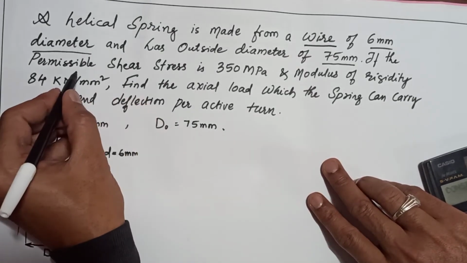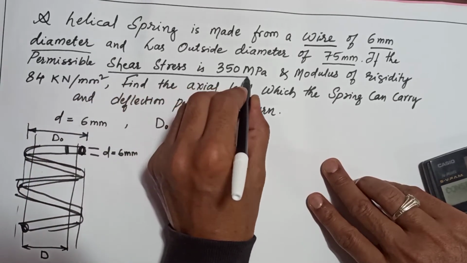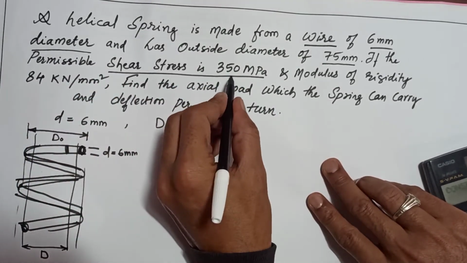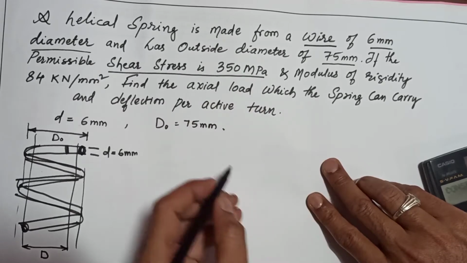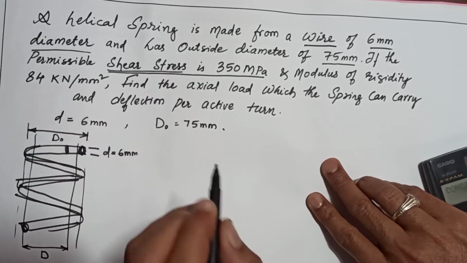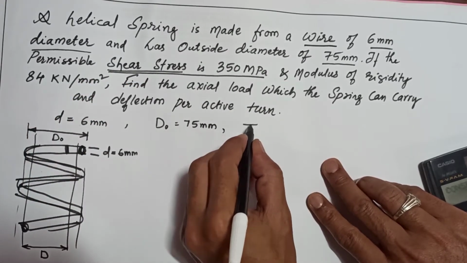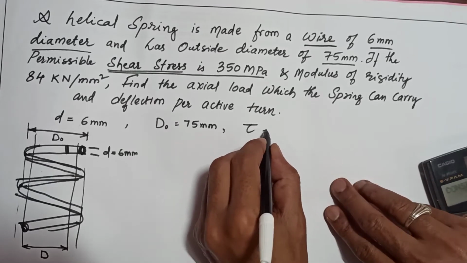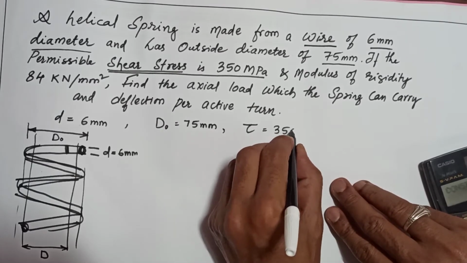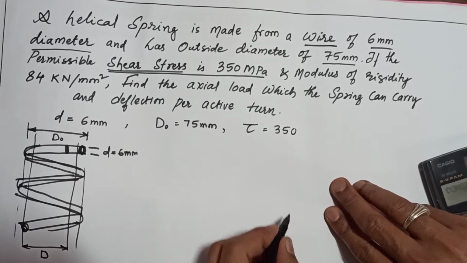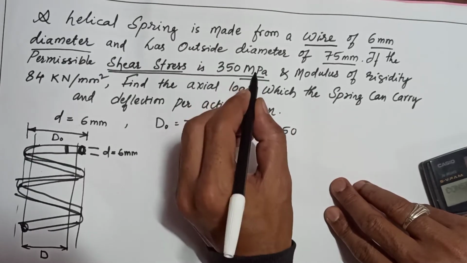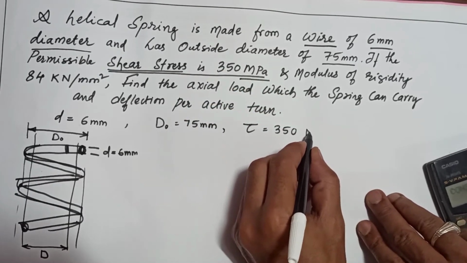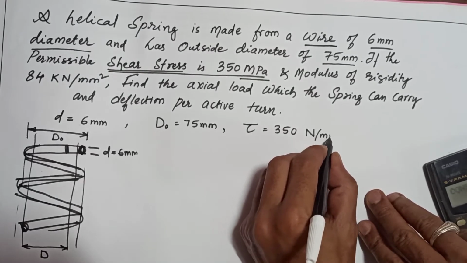If the permissible shear stress is given as 350 megapascal, the shear stress will be denoted by tau, given as 350 megapascal, where 1 megapascal is equal to 1 Newton per millimeter square.